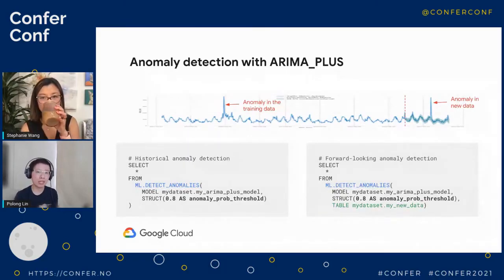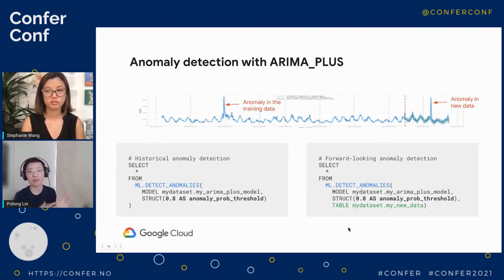You pass in the model that you had simply trained using Arima Plus, and then you also pass in the probability threshold, which I'll explain in a little bit. Essentially, using the model and the threshold that you want, it'll give you a true or false for each of the historical timestamps and their values, and whether or not it identifies those historical timestamps as anomalous. So that's in the past or based off of the training data.